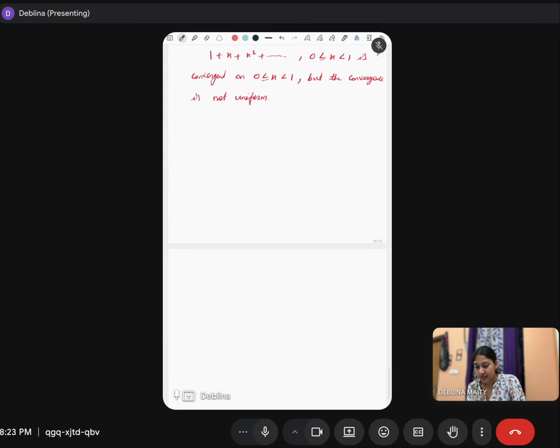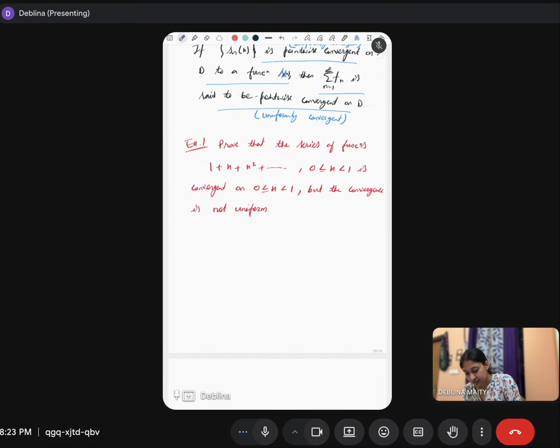Right, this we have to prove. Now recall that if f_n(x) converges to f(x) uniformly, so what we are saying is that the sequence f_n(x) converges to f(x) uniformly, and each f_n(x) is bounded.